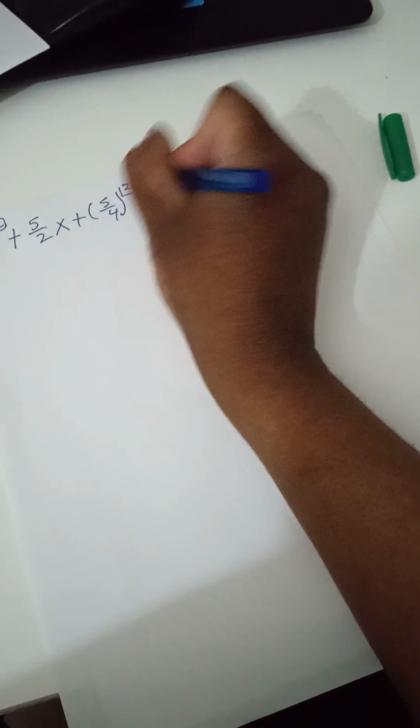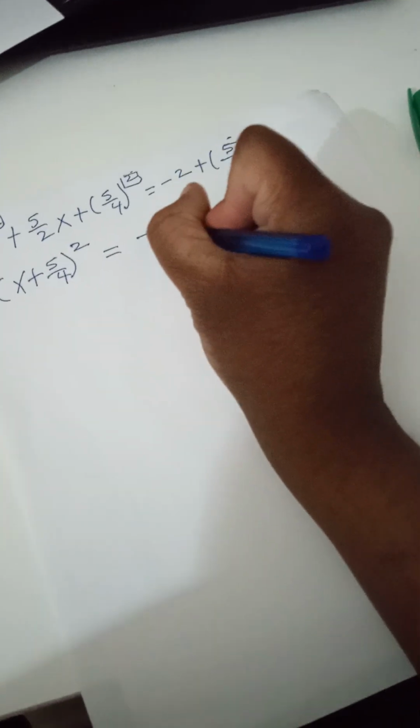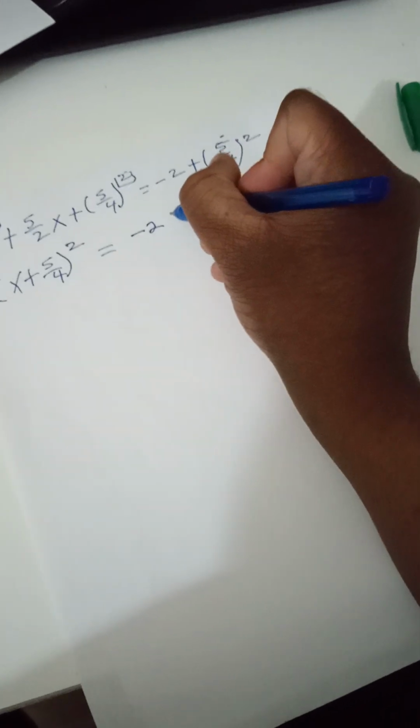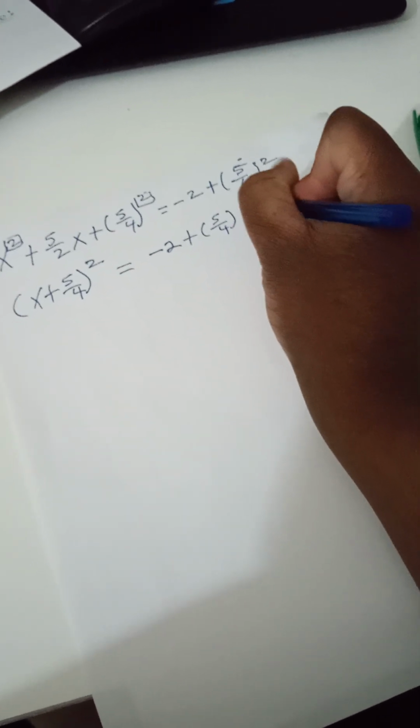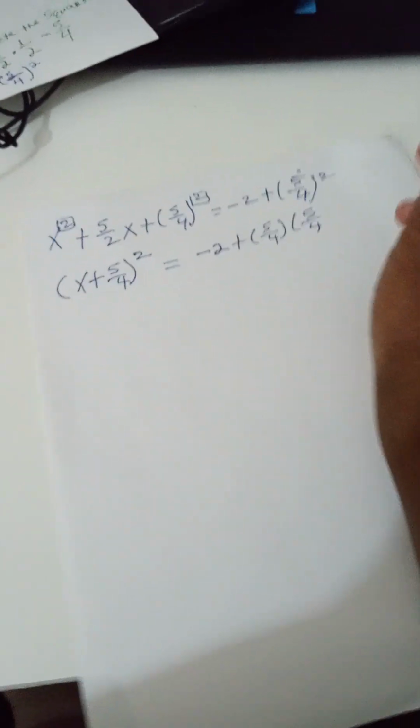See, they both have the power of 2. So this becomes x plus 5/4 squared. And then calculate -2 plus 5/4 times 5/4.